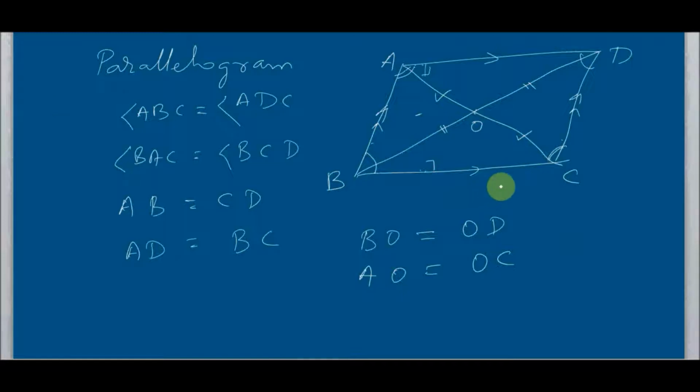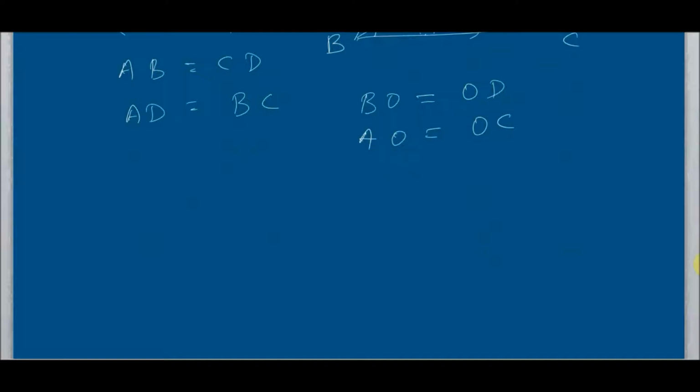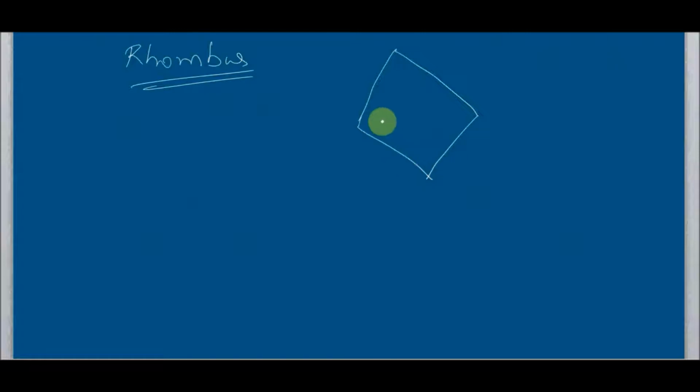Next, the next member of the quadrilateral is the rhombus. What is a rhombus? You know about the square, the rhombus.